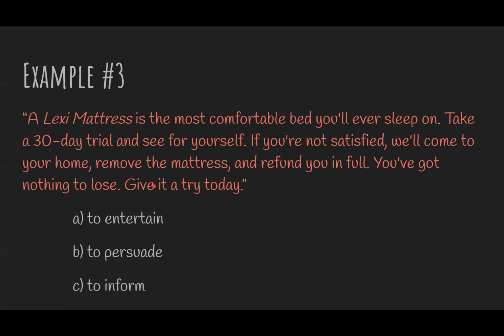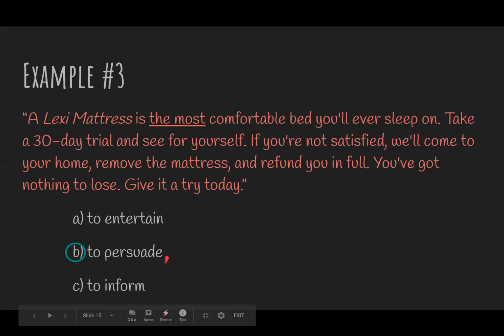They're trying to tell us to do something, okay? So all of these hints can point us in the direction of B, to persuade, because they're convincing us to do something, they're using comparative words, there's a call to action, right? So all of these point us in the direction of persuade.